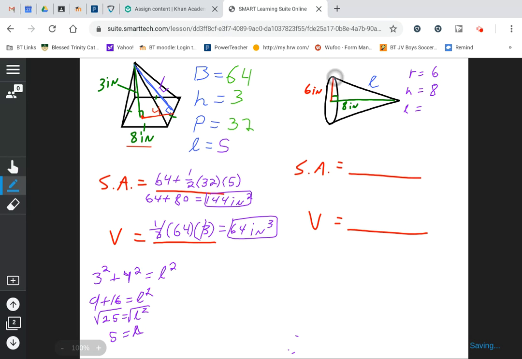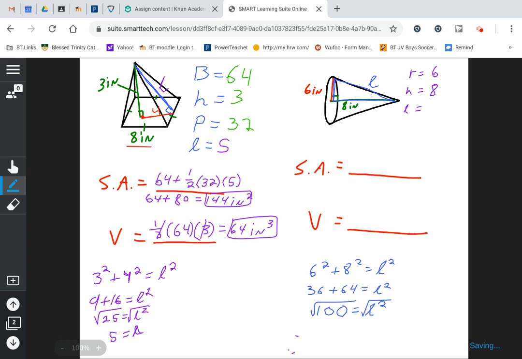Now, again, right triangle. There's my right triangle. Using the Pythagorean theorem, I'm looking for my hypotenuse. So 6 squared plus 8 squared equals L squared. 36 plus 64 equals L squared. 100 equals L squared.